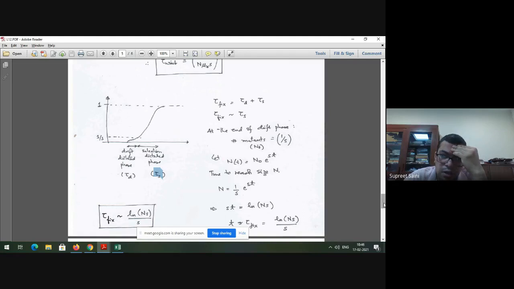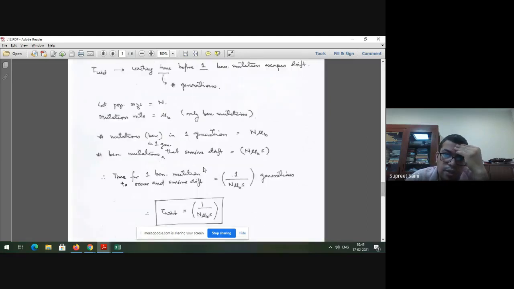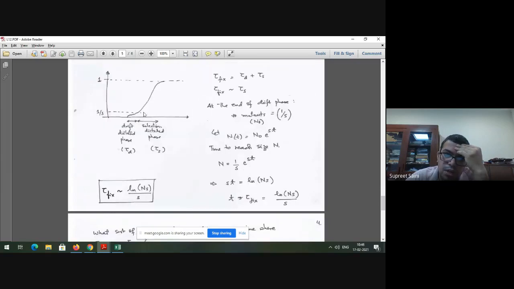But remember that we are only interested in beneficial mutations that have already survived drift. So we don't care about the drift phase, and tau fix is largely tau s. I'm saying largely because even here drift is not totally irrelevant.